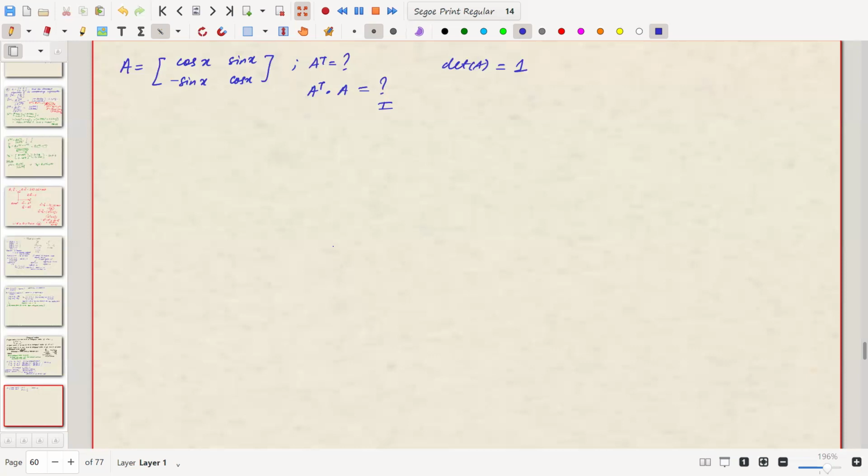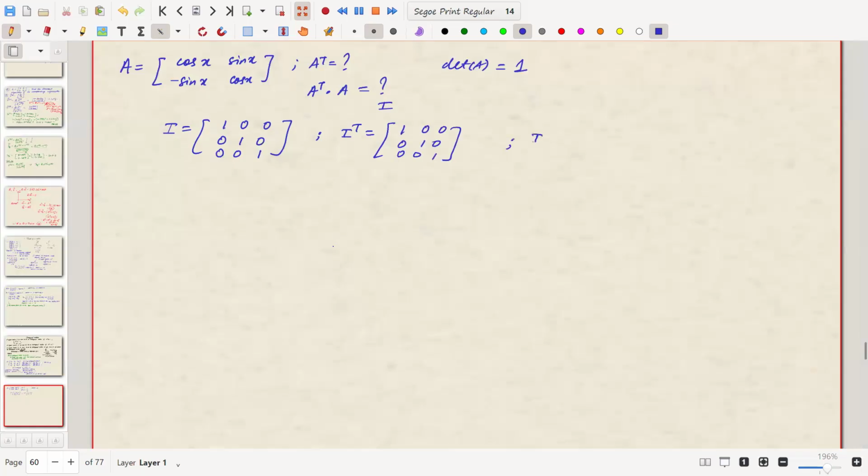Yes, the identity matrix. 100010001. This is a 3 by 3 identity matrix. Now I ask you, what is I transpose? I transpose is the same, 100010001.